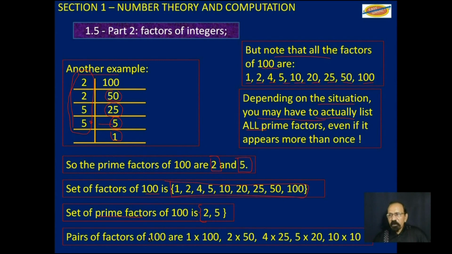And the pairs of factors of 100 are, that is to say, which two factors can you multiply and get back 100? So 1 and 100, 2 and 50, 4 and 25, 5 and 20, and then we have that lone 10 there. We will double it up, 10 by 10, you will get back 100.